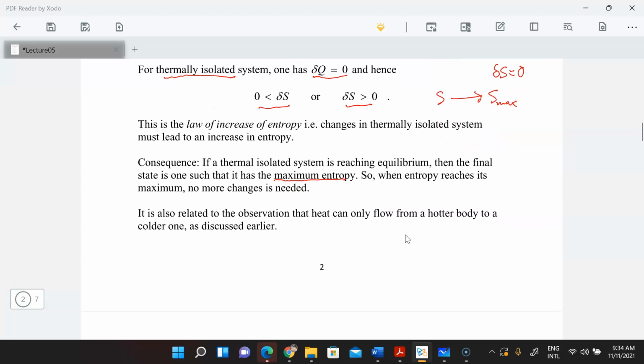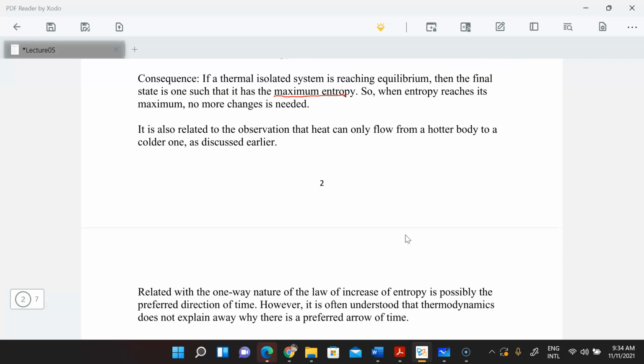And this is also related to the idea that heat can only flow from a hotter body to a colder body. So, for example, when you have the hotter body in contact with the colder body, there will be heat flowing out from the hotter body until it reaches equilibrium.